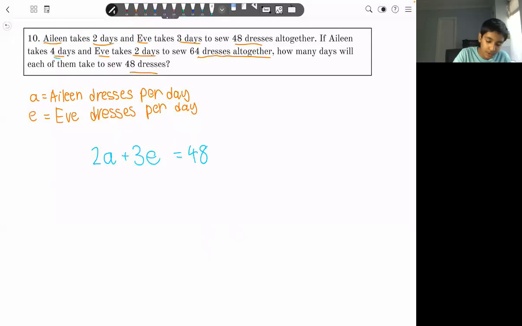If Eileen takes 4 days and Eve takes 2 days to do 64 dresses, then 4 times the amount Eileen can do in a day, plus 2 times the amount Eve can do in a day, is 64.